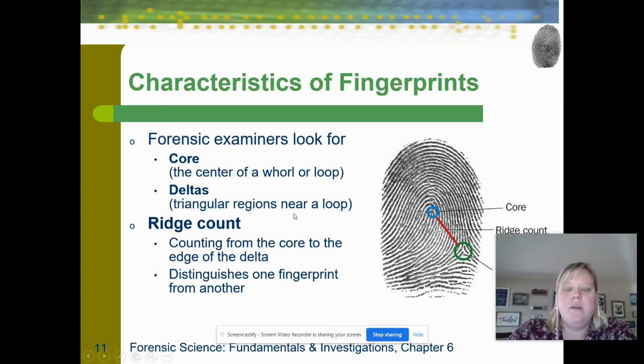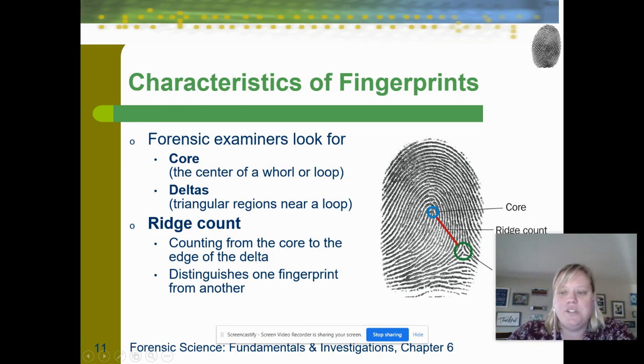Then deltas are these little triangular formations, and they form around loops and whorls, and we'll talk more about those a little bit later, but they look like a little tent or a little triangle down here. And then the ridge count is the number of ridges that you have between the core and the delta.